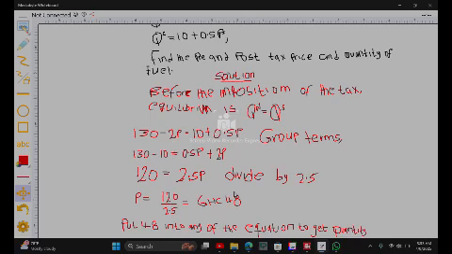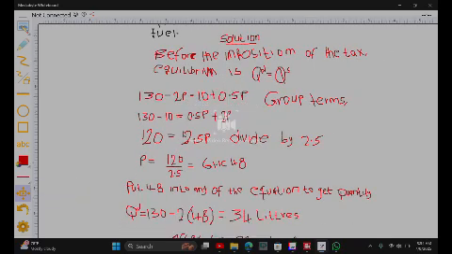You should just add your currency, and we are in Ghana, so Ghana cedis. Remember, don't leave out the unit. Sometimes they might even award you marks for indicating that, so it's very, very important for you to do that.